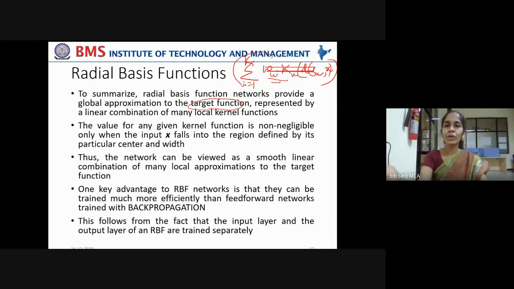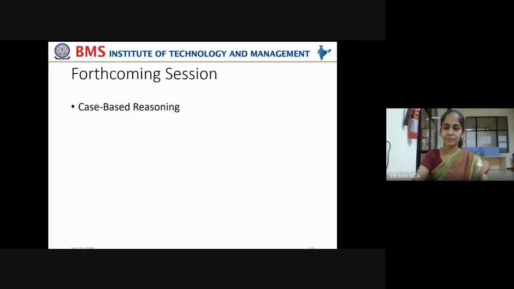This is how you represent the ideal target function in radial basis functions. You are just taking the product of the weights and their associated kernels and adding all of them, which will give you the linear target function.